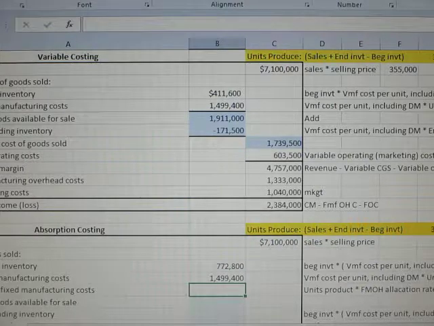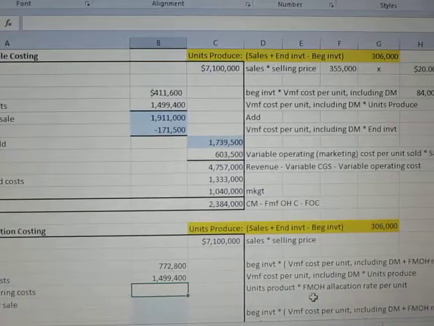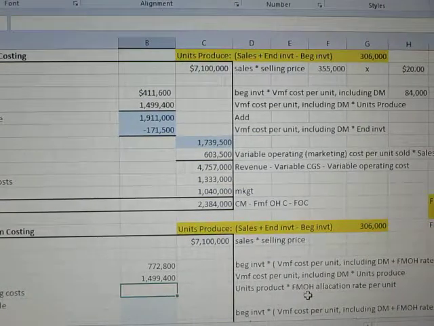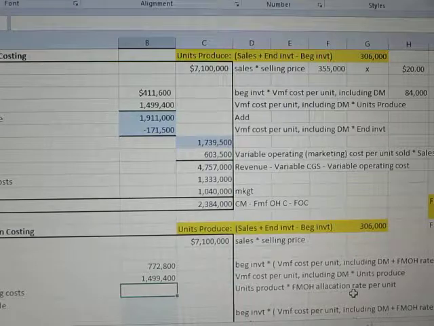So then you get 1,499,400. To get the allocated fixed manufacturing costs, you take units produced times fixed manufacturer overhead allocation rate per unit.